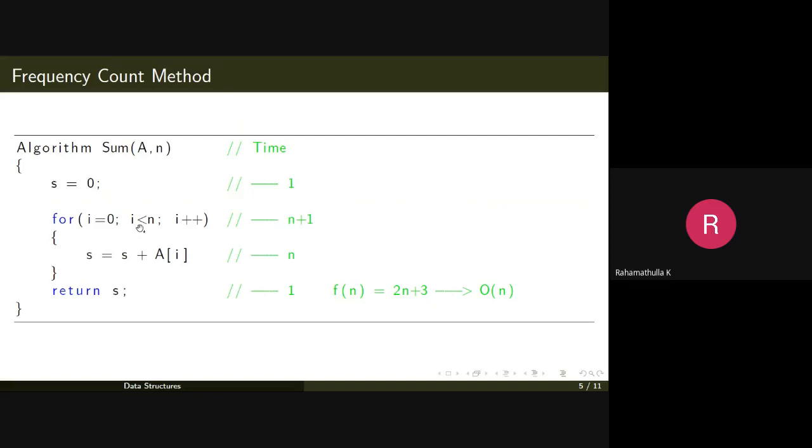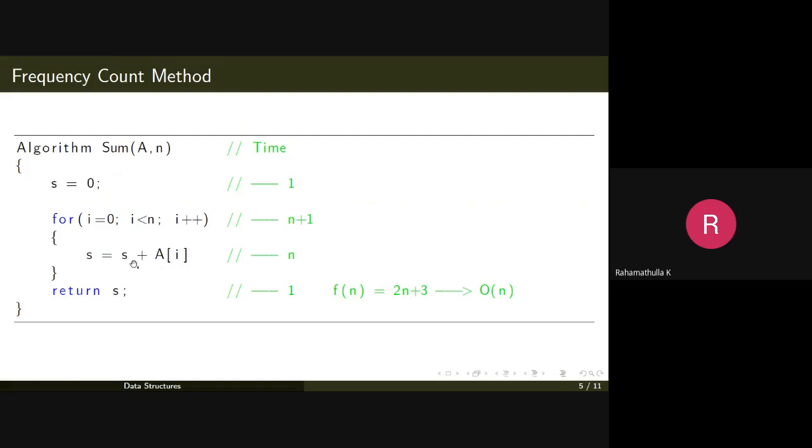For i equal to 0 it will execute once, for i equal to 1 one more time, for i equal to 2 one more time, and so on, up to i equal to n, it will execute this comparison statement and this i plus plus operation. That's what we represent as n plus 1 number of times.